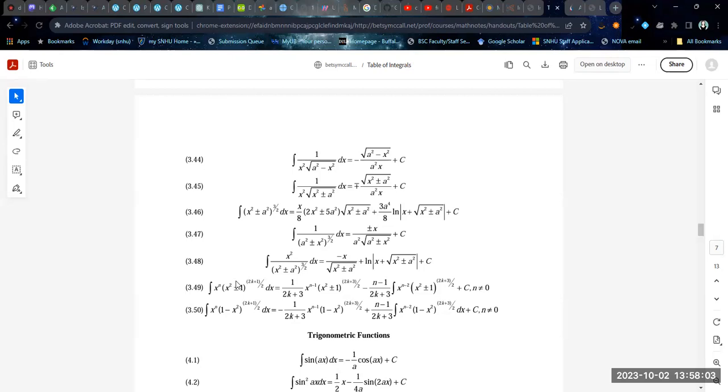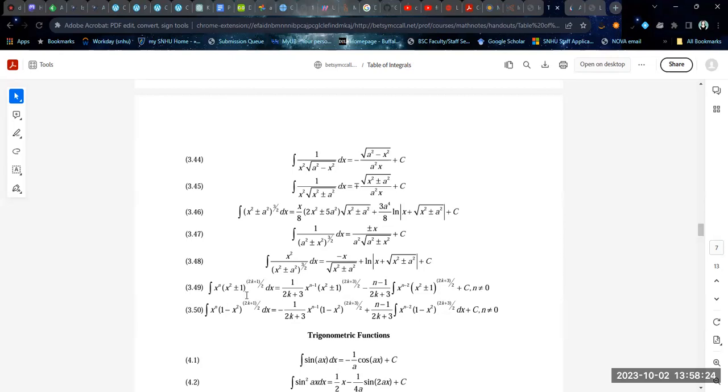So again, the integration by tables is not necessarily going to save you all of the work because you have to match a formula that's available to you. And so if you have an expression as we have here that doesn't really quite match one of the formulas, then this is what you have to do.